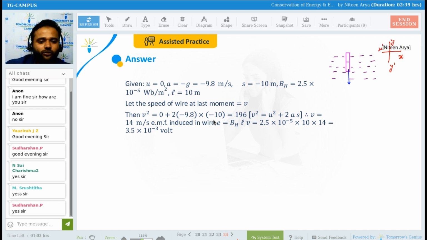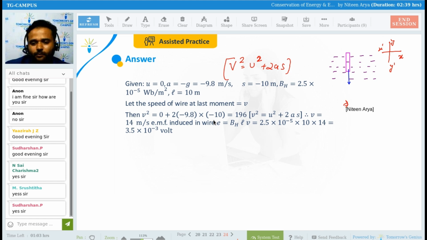Now let the speed of the wire at the last moment be v, because I need to find the EMF at the last moment when it passes through this. v square equals u square plus 2as, simply the equation of motion. So from here v square equals 196 meter square per second square, if I'm not wrong.